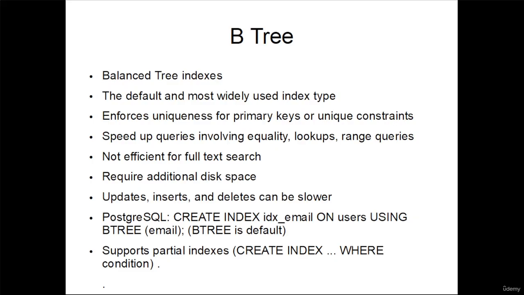Less effective for columns with few unique values. Postgres uses B-tree as the default index. CREATE INDEX idx_email ON users USING BTREE (email). It supports partial indexes, CREATE INDEX with a WHERE condition, and expression indexes, such as an index on UPPER(email).